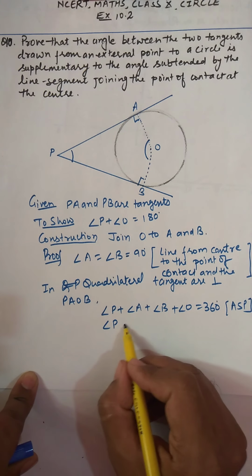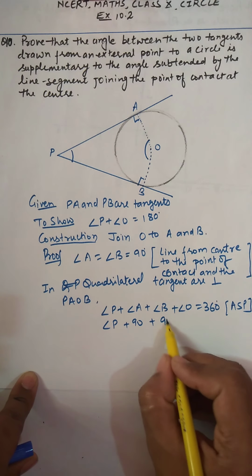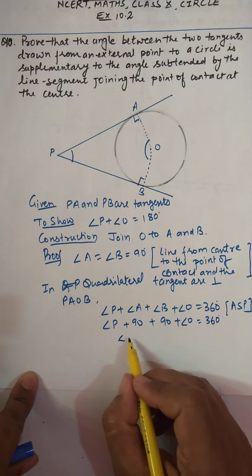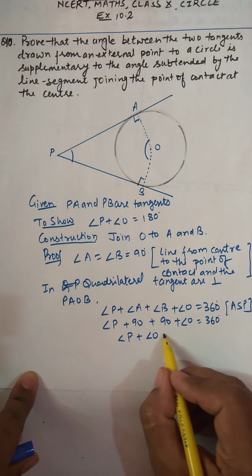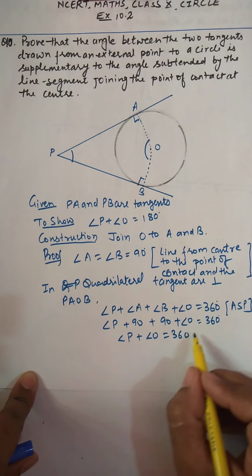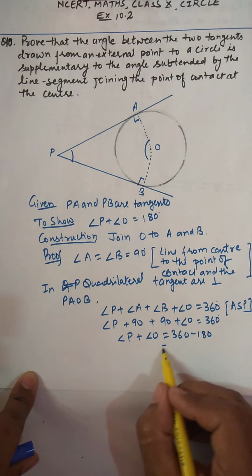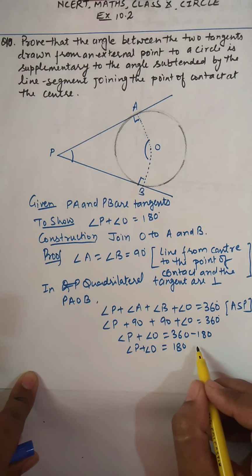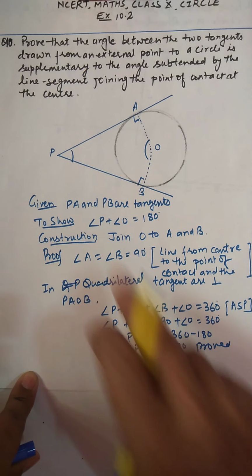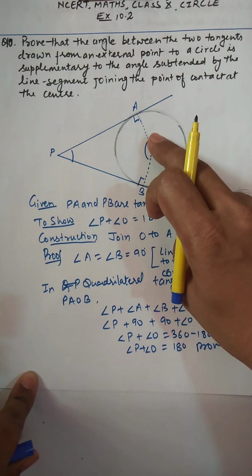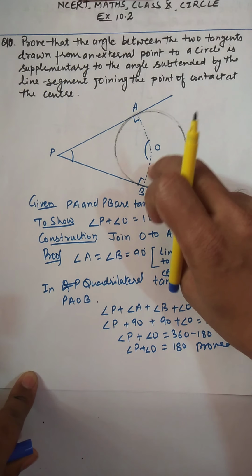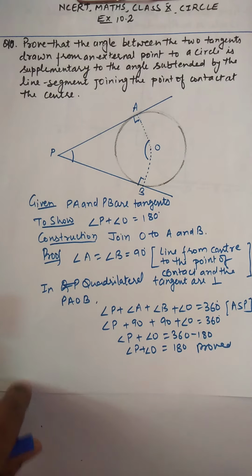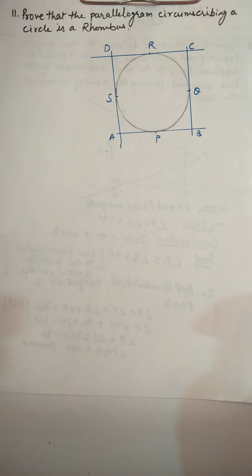P you don't know, A is 90, B is 90, and O you don't know, this is 360. So 90 plus 90 is 180. So P plus O will be 360 minus 180, so this is going to be 180. So you have proved that the angle between the tangents and the angle made by the two radii at the center are supplementary.